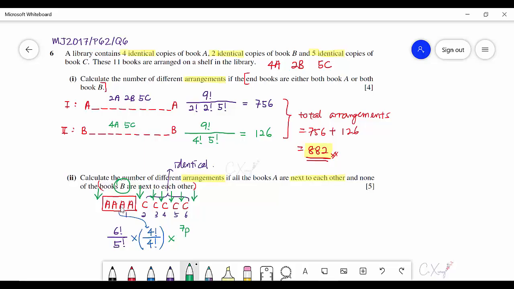So that means 7P2, but again, because of the 2 identical B, you need to divide it by 2 factorial. So this is the complete steps. Then after you press the calculator, you should get 126. This will be the final answer for this particular question.